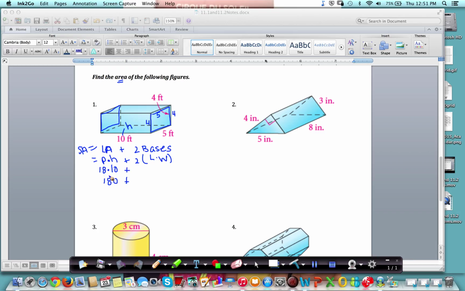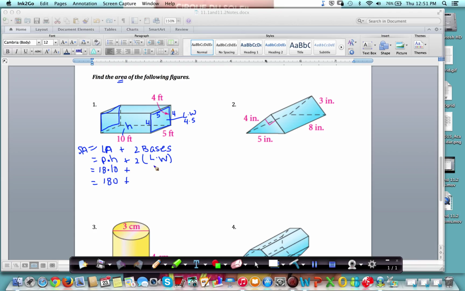And I have to add that to the area of the 2 bases. So what I just found here, the 180, is actually these 4 walls that, if I add them all together, would give me 180. And now I have to add the top and the bottom to it, okay? So the area of this base itself, length times width, is going to be 4 times 5, right?